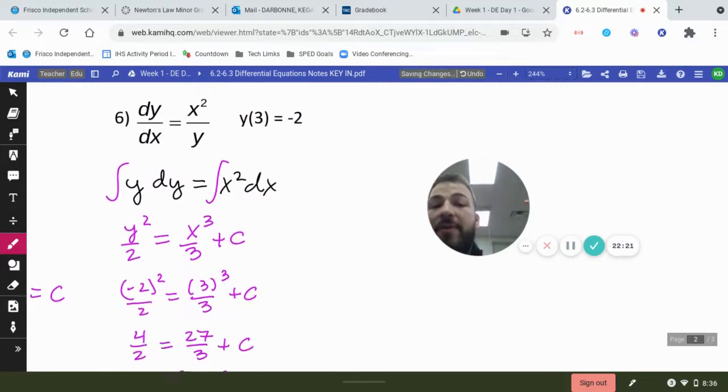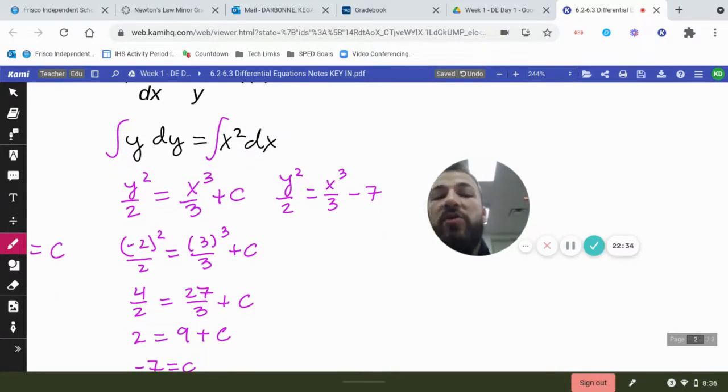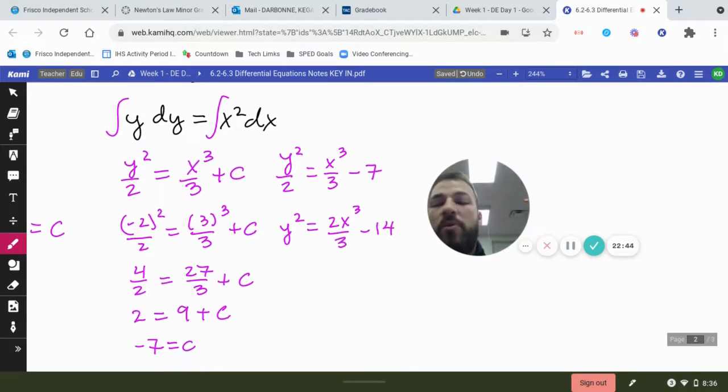So I can go back up here and I can plug this in. So y squared over 2 is equal to x cubed over 3 minus 7. Then, of course, I still want to solve out for y. So I can multiply 2 to both sides. So we get y squared is equal to 2x cubed over 3 minus 14. And then take a square root of both sides.